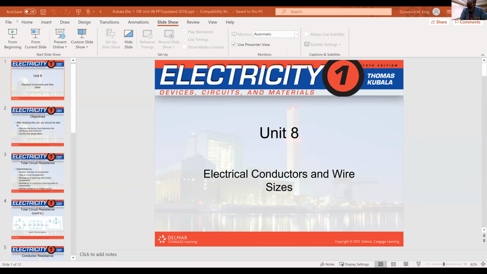So the total circuit resistance is determined by the number and type of components that you have. Also by the type of the circuit arrangement, such as series or parallel or combination, and the resistance of your switching and control components. We have not looked at that, such as a switch. A limit switch or a push button can have a little small amount of resistance to it that can actually become a lot of resistance.